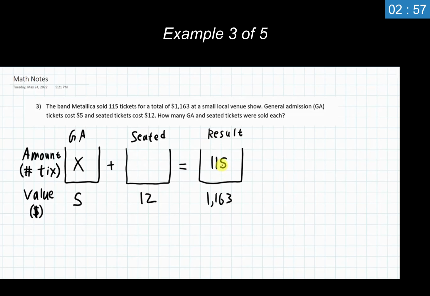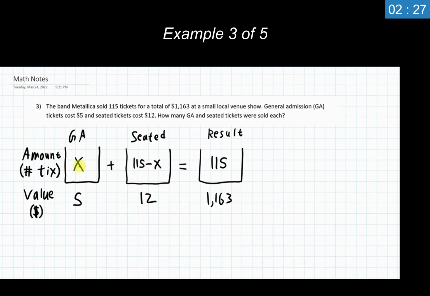We can also go in the reverse of this by saying, well, the number of seated tickets is the total number minus however many are the general admission ones. But this effectively says the leftover tickets that aren't general admission are going to be the seated tickets here. So it's this resulting total minus whatever the general admission tickets are. That's just going to fit in right here.